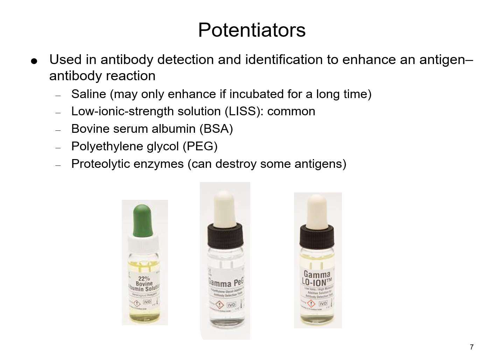So potentiators are used in blood bank in order to help with enhancing those antigen and antibody reactions. Saline can be used, but it's really only best if you're going to incubate it for a really extended period of time, 30 minutes, an hour. Your low ionic strength solution, your LIS reagent, is the most common reagent that most blood banks will use.